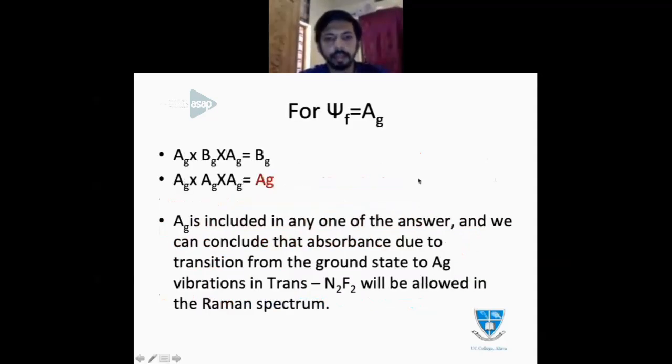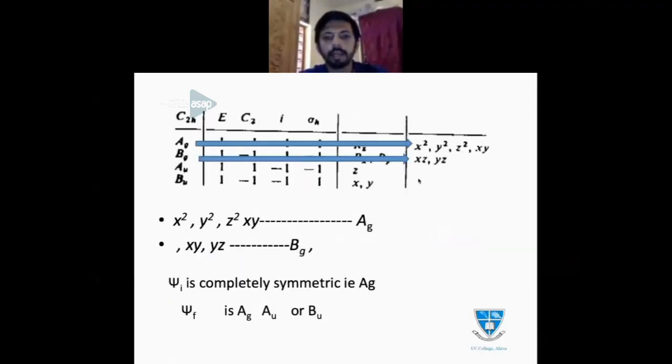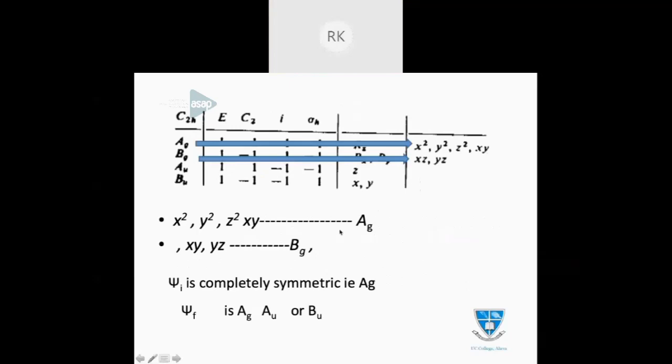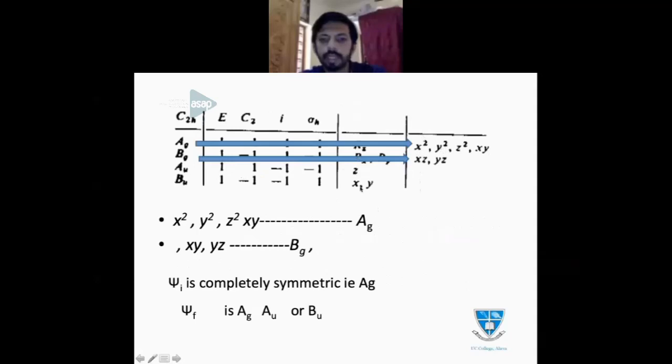In this character table, we can see that the x, y, z terms, the Cartesian coordinate terms, belong to Au and Bu, and the quadratic terms belong to Ag and Bg.